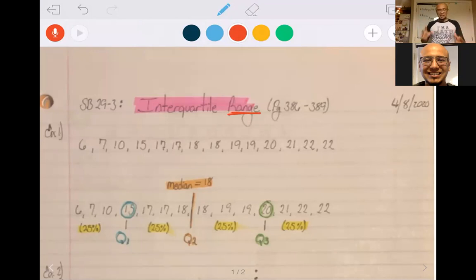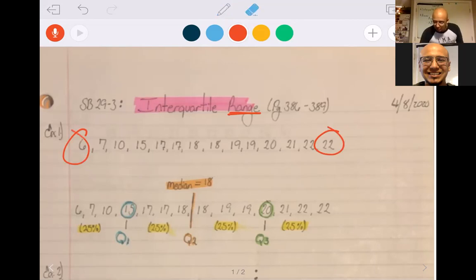So in this example that I think I just made up, we are given a list of numbers which have already been organized from least to greatest. And so if I wanted to get the range of these numbers, I would simply take the maximum minus the minimum. And so I'm not saying that we're going to be doing that today, but we're going to use a similar concept today as we do interquartile range. So just kind of keep that in mind.